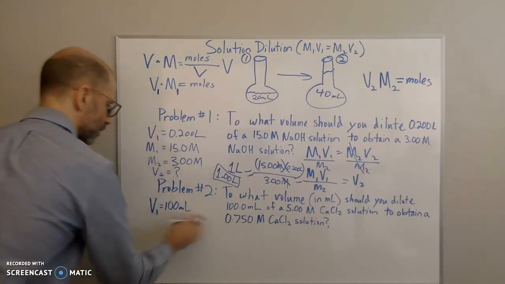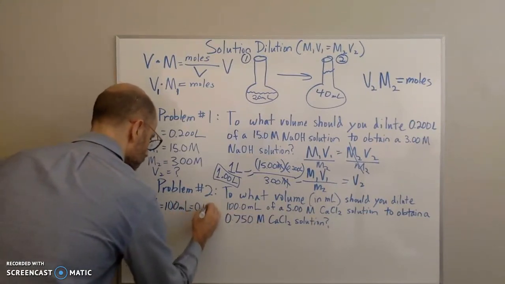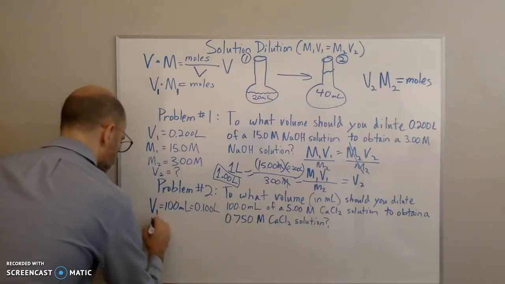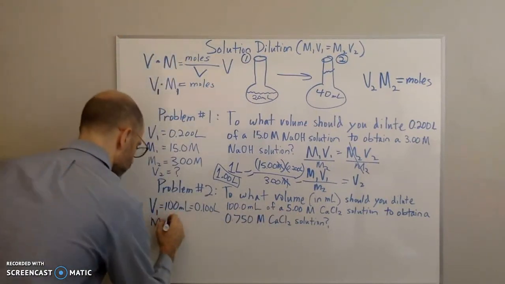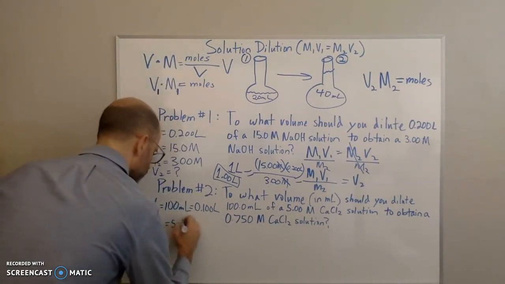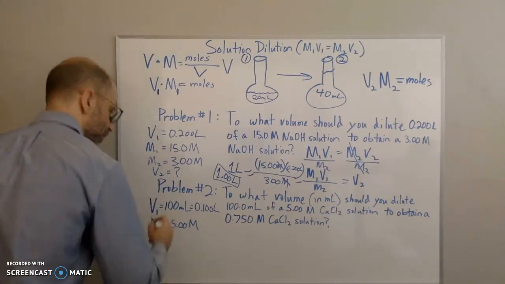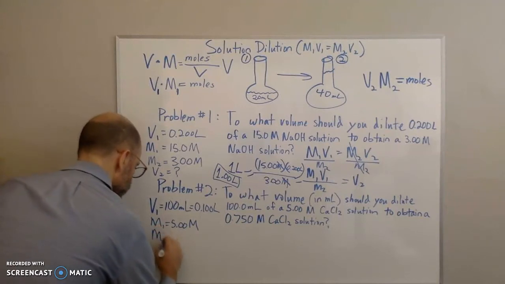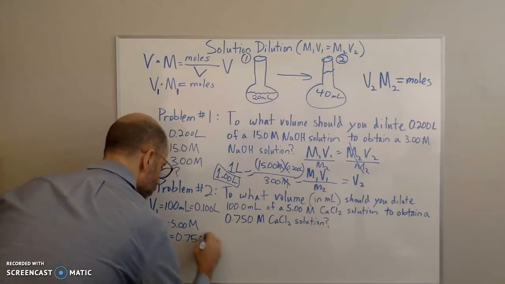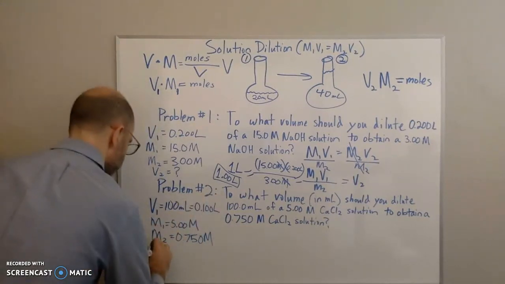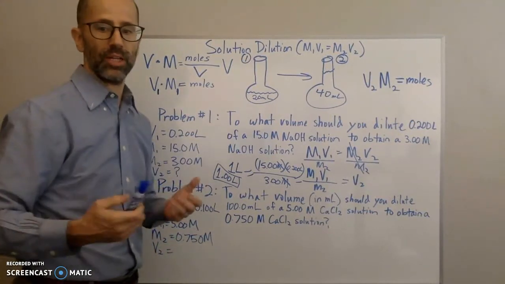We got to convert that to liters if we're using molarity, so that's going to be 0.100 liters. Our beginning molarity is 5.00 molar. And our final molarity that they want is going to be M2, and so that's 0.750 molar. And then finally the V2 is what we need to find.